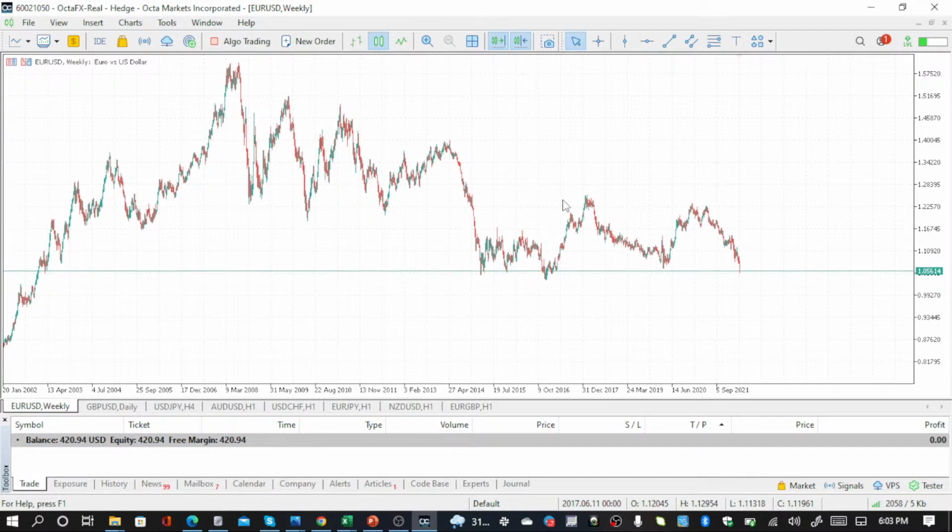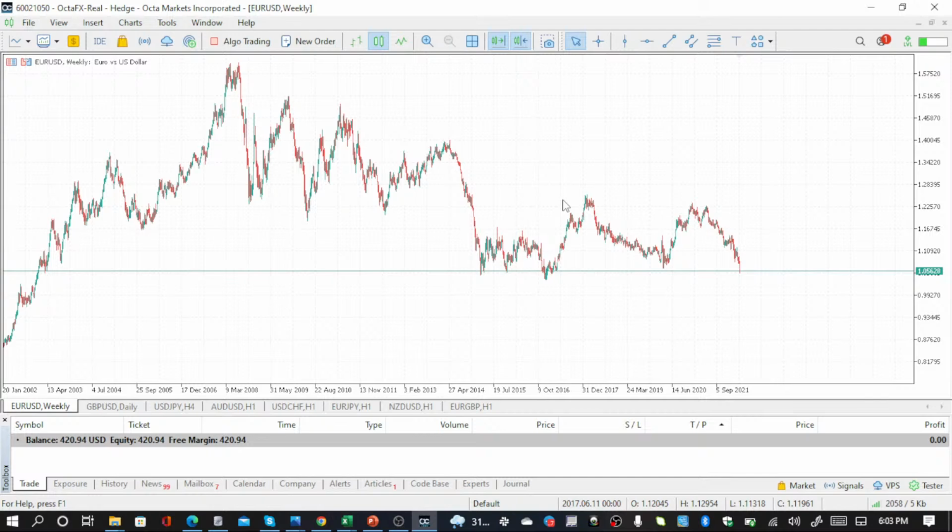Like I said, whenever you want to place a trade, there are questions you must ask yourself. The question is this: what market structure are we operating in? Are we in an uptrend or a downtrend?